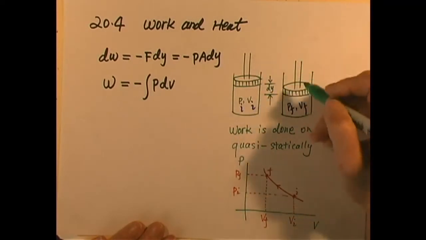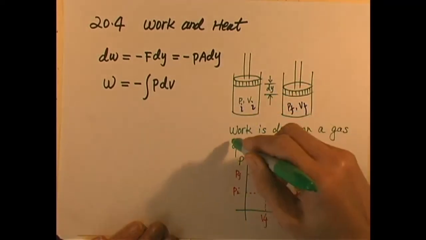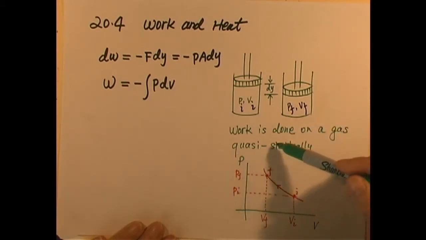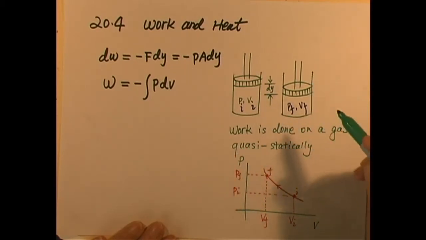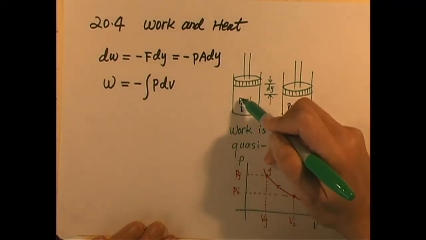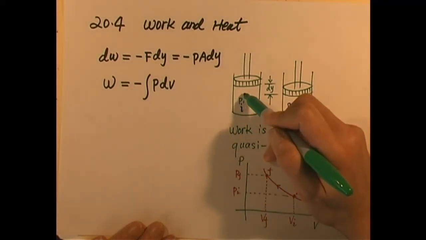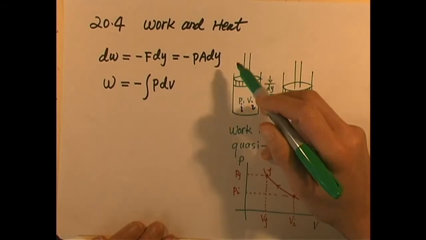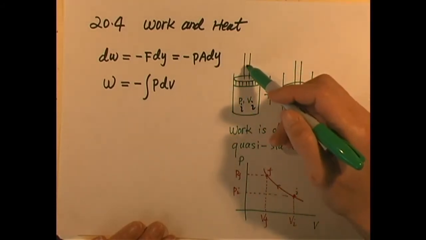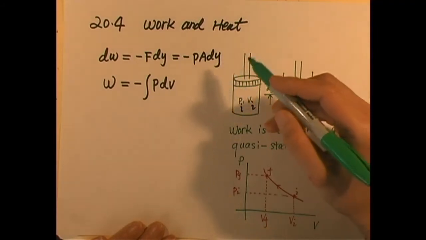In order to do that, let's say we do work on a gas quasi-statically, which means very, very slowly. What does that mean? That means, as a matter of fact, the pressure of the gas is always equal to the pressure of outside.